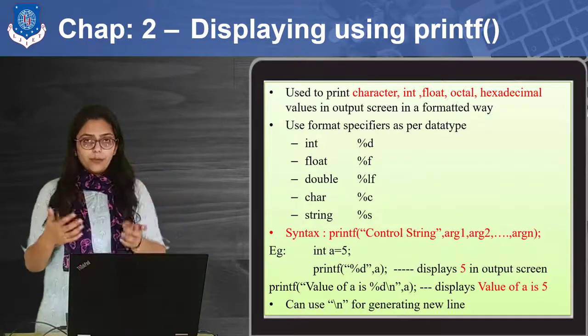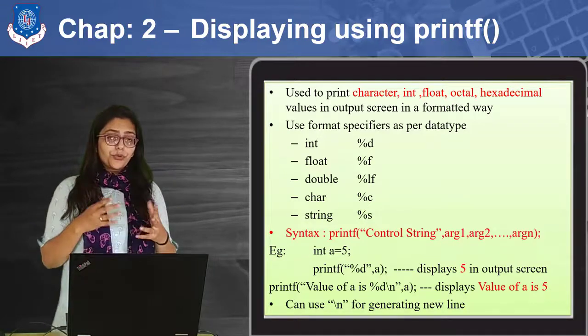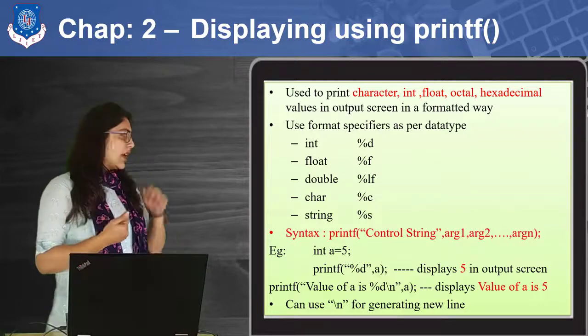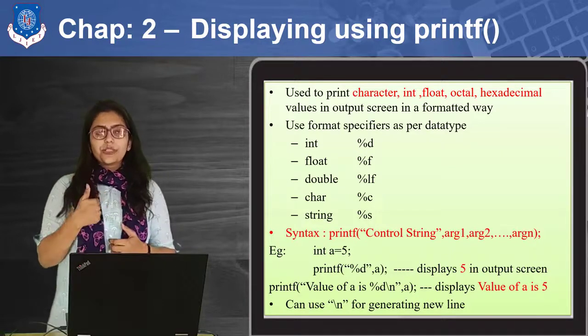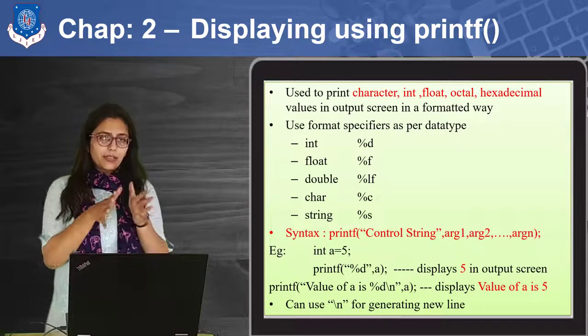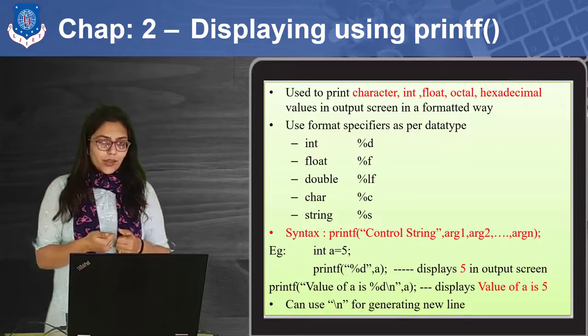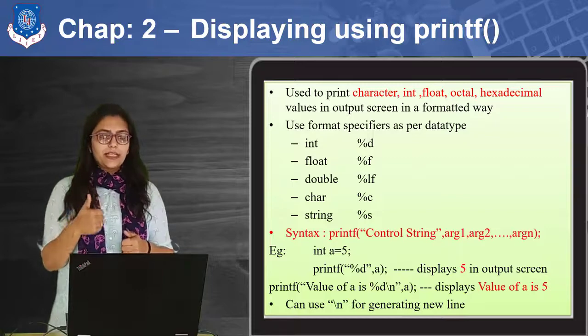Now there are some formats to print values on screen. You know that for integer we use %d. Similarly, for floating points we use %f. For double we use %lf, which is nothing but a kind of long float. Then for character we use %c, and for strings we use %s.